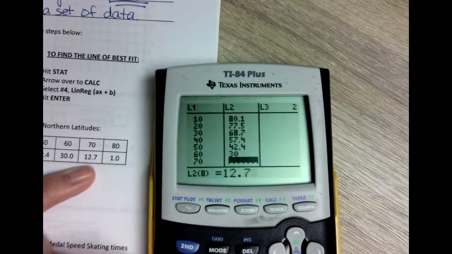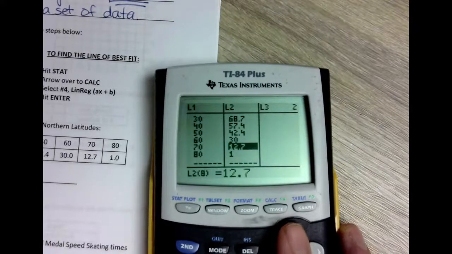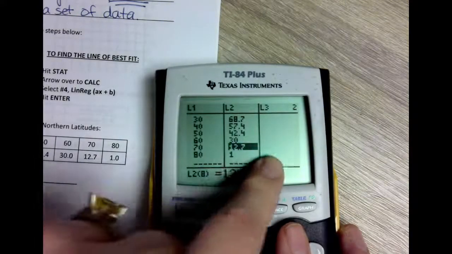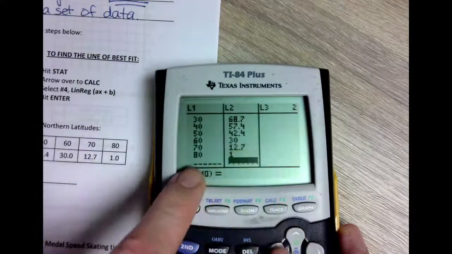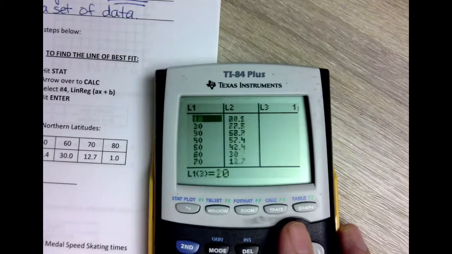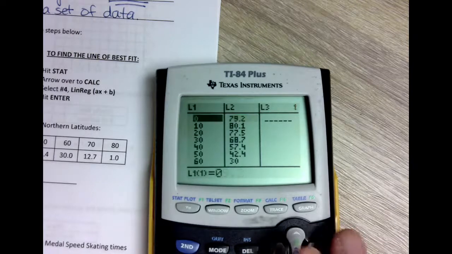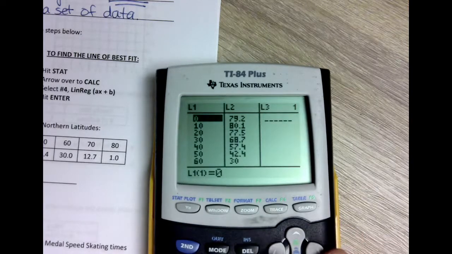When you finish, the 80 and the 1 should be across from each other, and then there should be blank underneath that. You should have the same number of L1s as you do L2s. Double check that your numbers are correct, please.